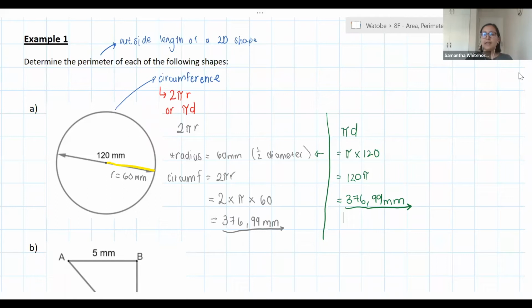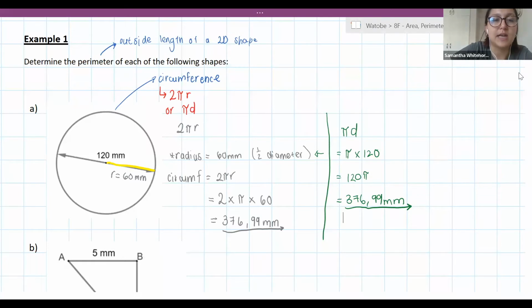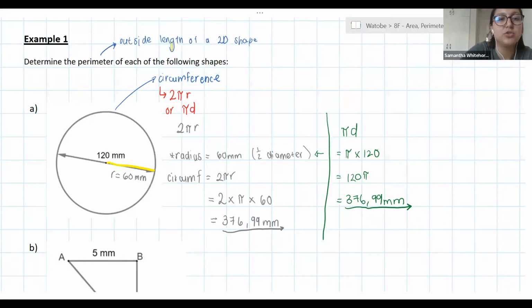And in this question, the pi d or the second formula is shorter because you were given the diameter, but they're both exactly the same at the end of the day. The reason they're the same is because two radii, one radius and another radius, make up a diameter. So they're actually the same formula, and you can use any one you want.